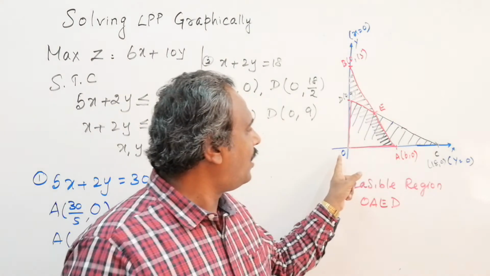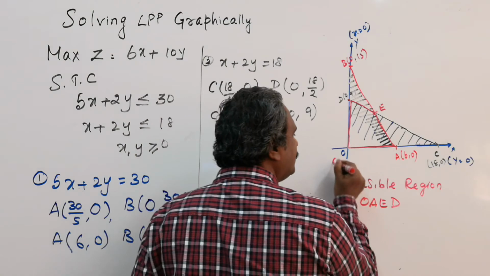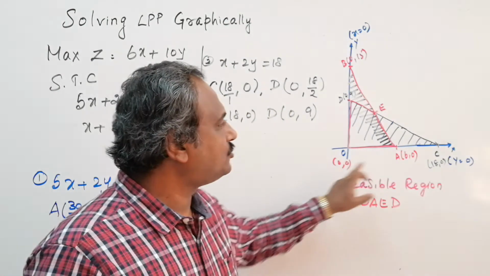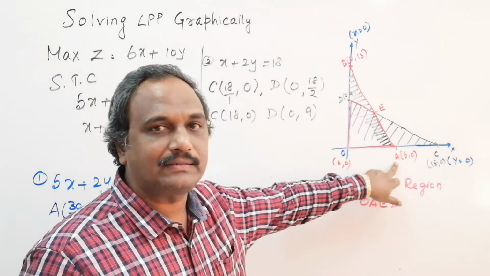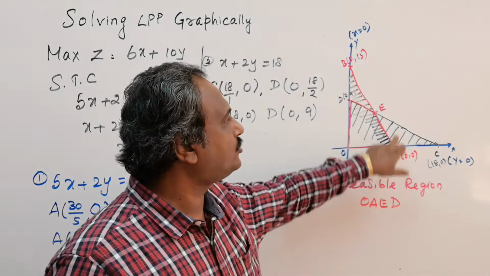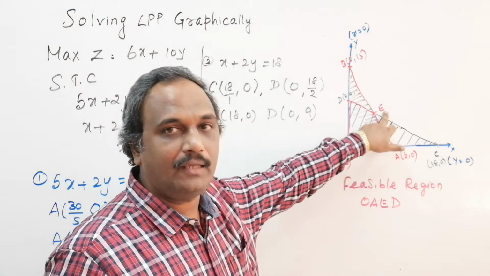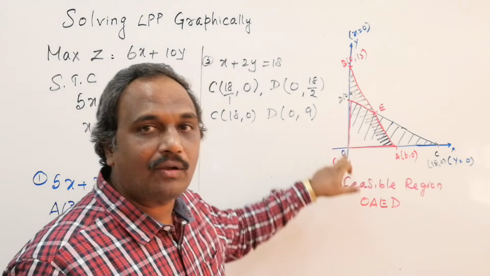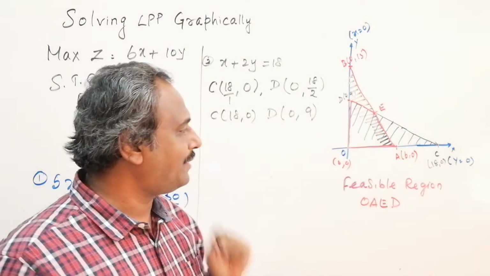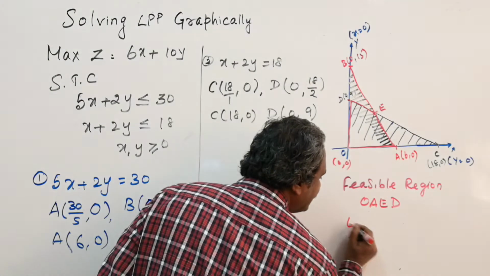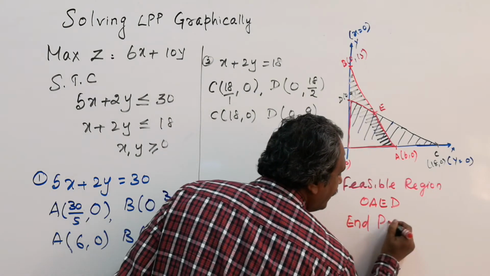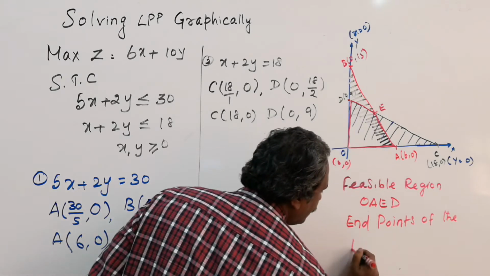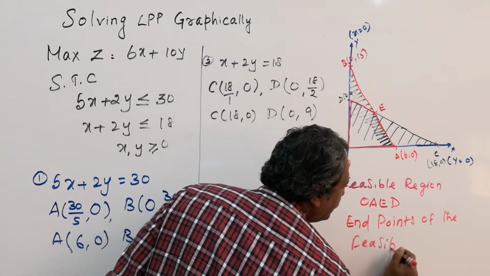One, the point 0, 0. Or the solution may occur at the point A 6, 0, or at the point E, or at the point 0, 9. These are all the end points. I am having 4 end points of the feasible region.